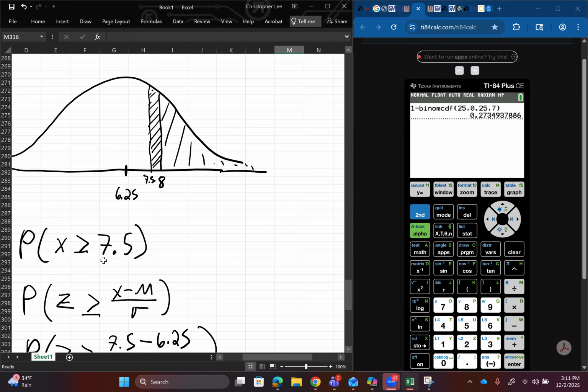If it's greater than, you go back a little bit. If it's less than, you go forward a little bit. Always 0.5. So you would do like 8.5? Right, that's it.